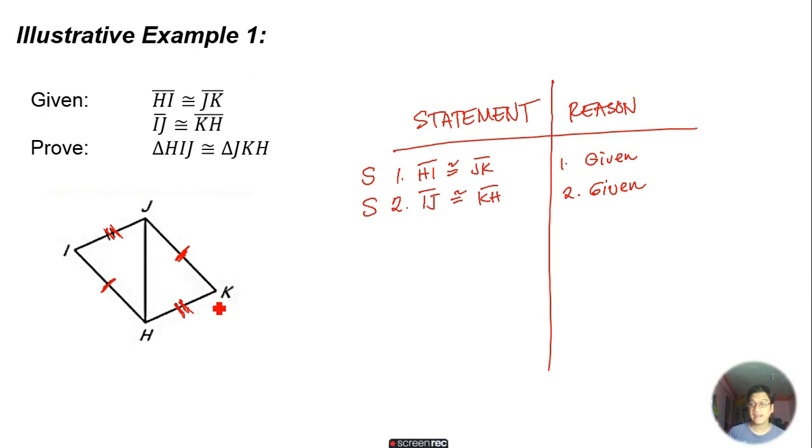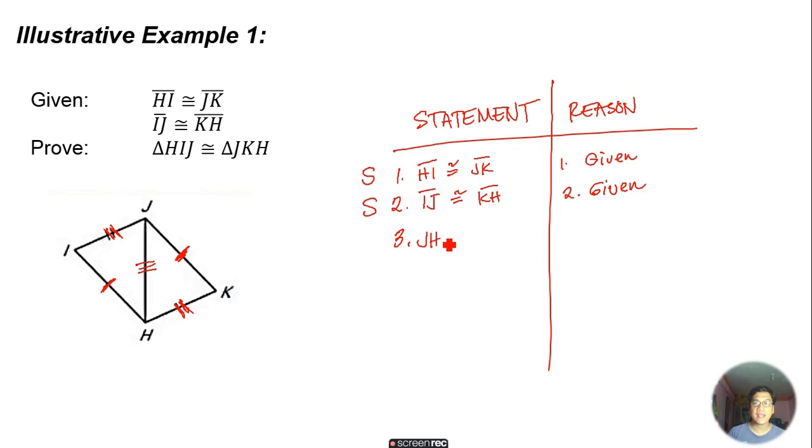But if I look at a particular side, in this case this side, ask yourself again, do you have a reason for saying that these sides are congruent? I have a reason, therefore I can say that they are congruent. So, I am going to write them.